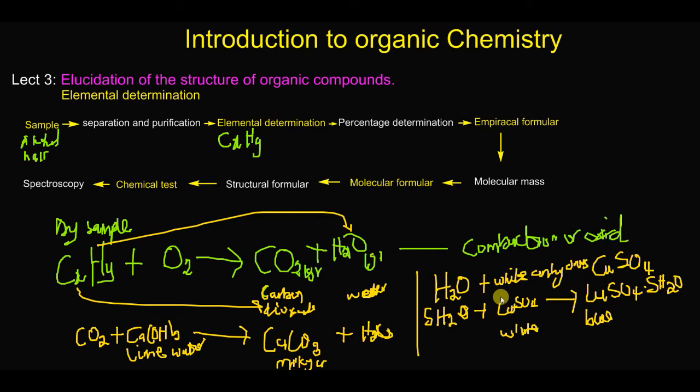The presence of milky color confirms the presence of carbon dioxide and also the carbon atom in the sample. The water is also the same. The water that comes out is reacted with white anhydrous copper(II) sulfate.